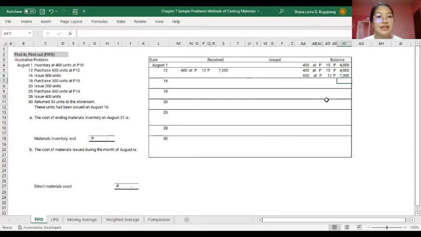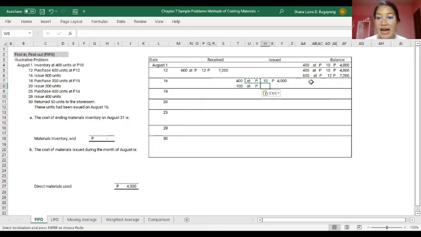So for August 16 dayon nag-issue ta og 500 ka units. And since this is first in first out month, so katong beginning balance nato nga 400 units, so i-issue na to siya. So 400 at 10 pesos, so 4,000 ni siya. And then ang 100 kay 500 naman ang gi-issue.